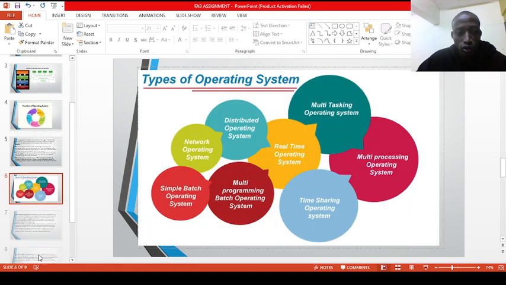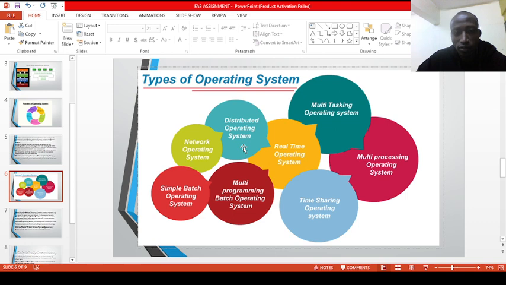Let us look at the types of operating systems, where we have the simple batch operating system. This, I believe, is one of the first operating systems to be designed, and by the meaning of the word batch, jobs or tasks were put in a batch or a group before being placed on the computer processor. We also have the multi-programming batch operating system, where the aspect of running several programs at the same time was introduced.